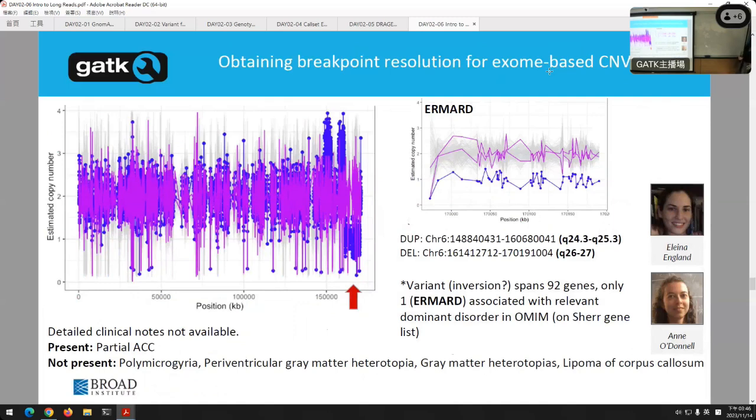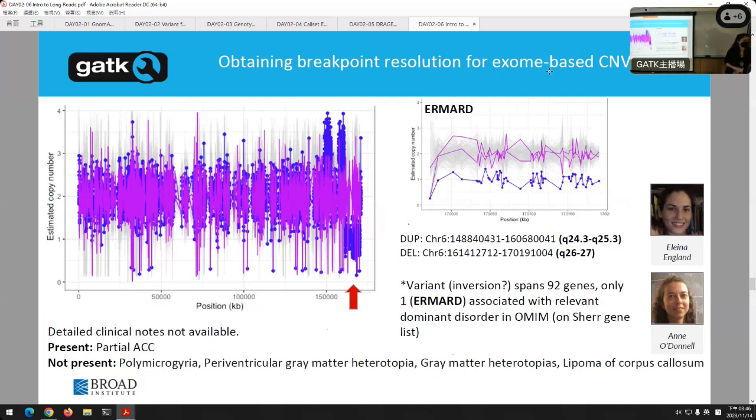Another patient from the Rare Genomes Project, this one had some brain abnormalities, and they first did whole exome sequencing, and they did CNV calling on whole exomes, and I'll talk about how we do that tomorrow. And they were able to detect that there were 2 regions on chromosome 6 that were duplicated and 1 that was deleted, but it's not a very high resolution method, so they couldn't find the exact breakpoints.